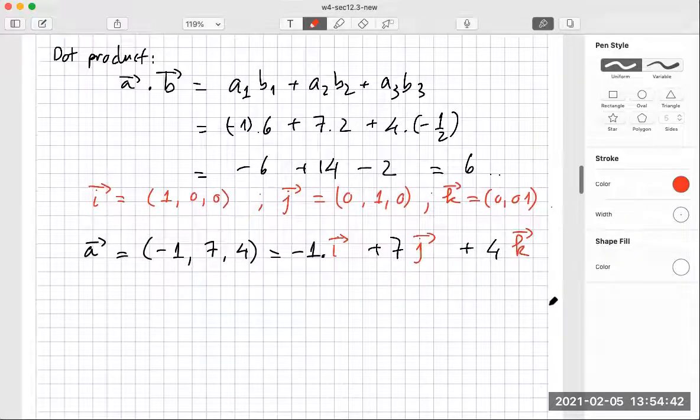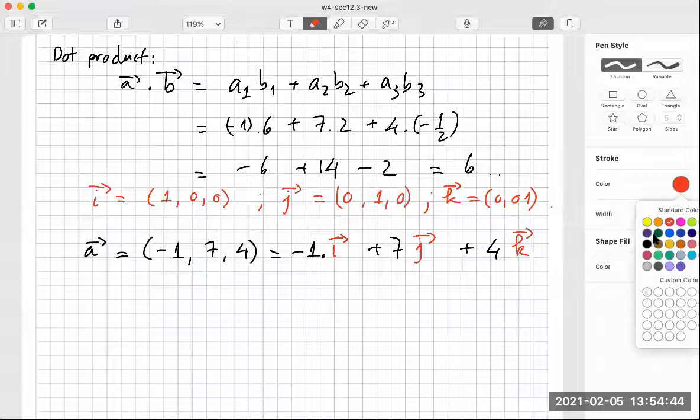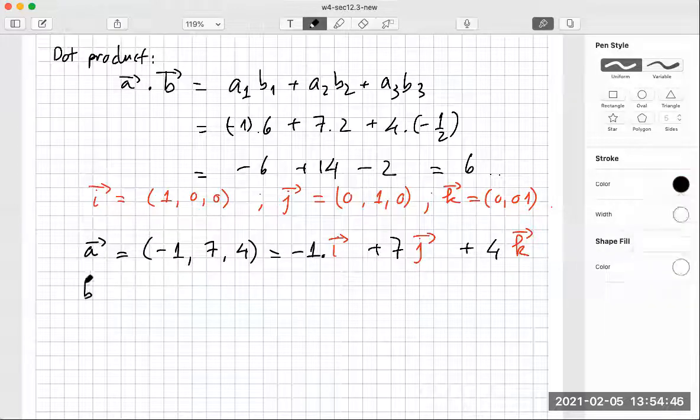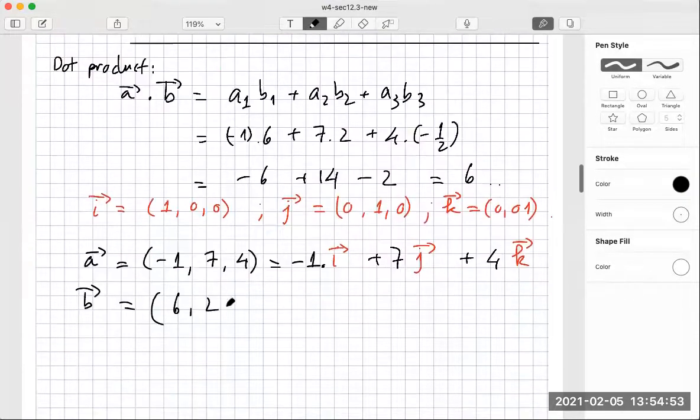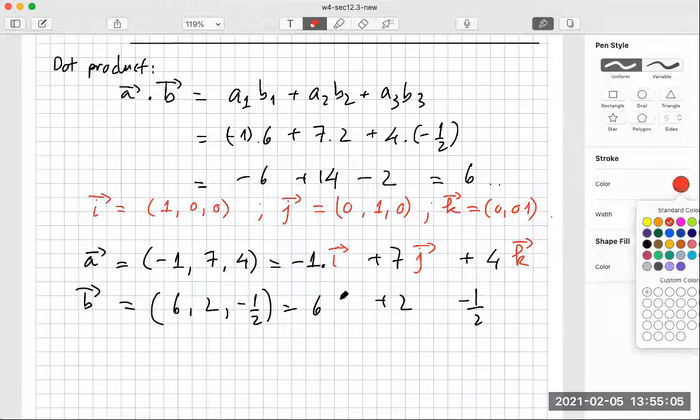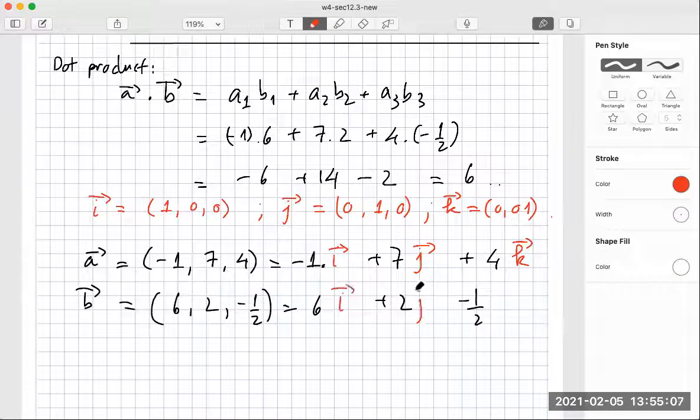Very good. This is the vector A. We can do similar things with vector B. Vector B here will be 6, 2, -1/2, right? Let me write the unit vectors in red here.